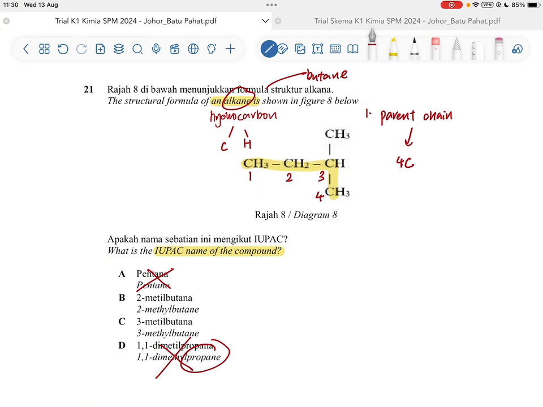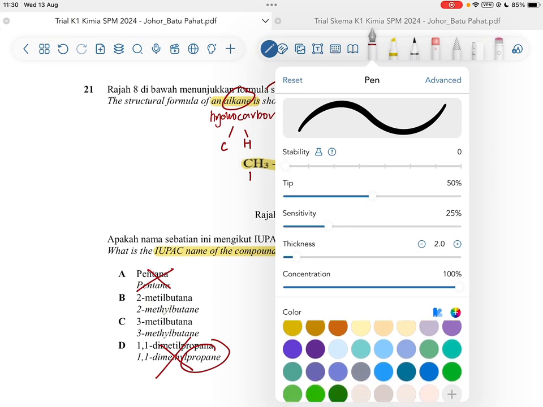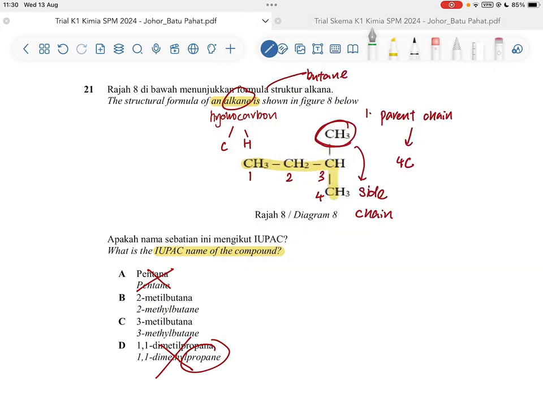Then we can see this is the side chain, because it is not contained in the 4C carbon chain. When we want to give the number for the side chain, we need to choose the smallest number. We can go from left to right, or from the other way.